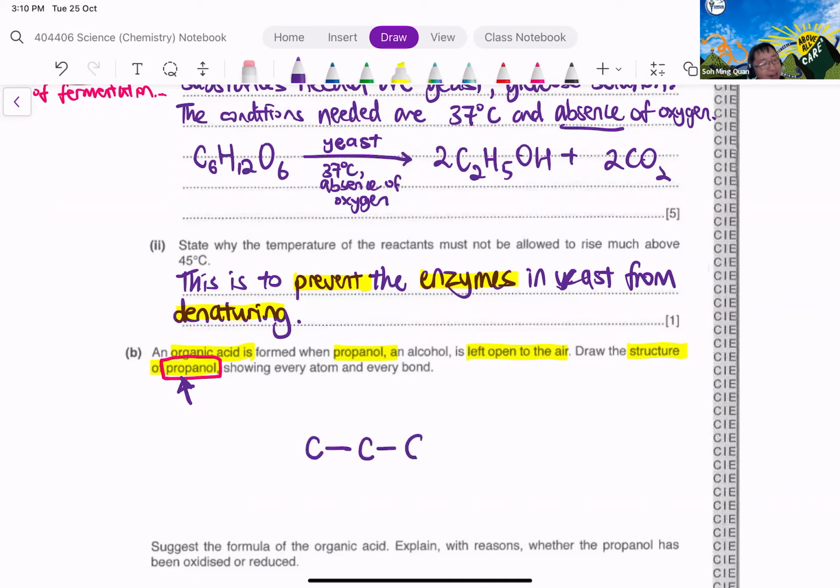Okay. So once you know it's the alcohol, you draw the alcohol. 3 carbons, draw the 3 carbons first. Draw the functional group first. The functional group is OH because it's an alcohol. Then you just have to fill in the blanks with hydrogen.